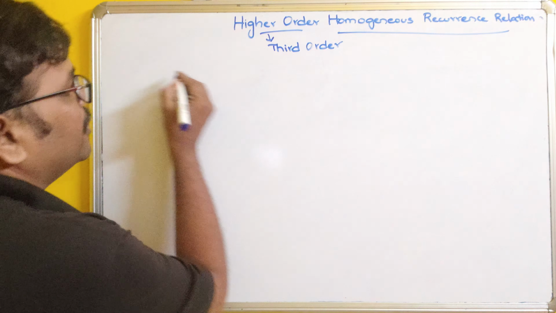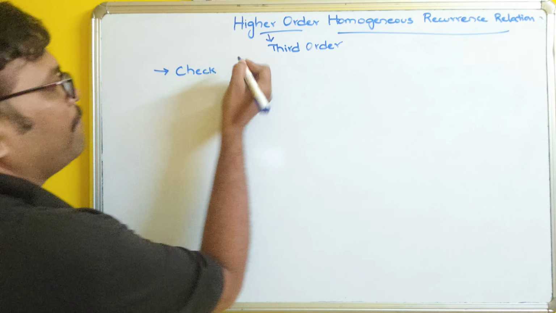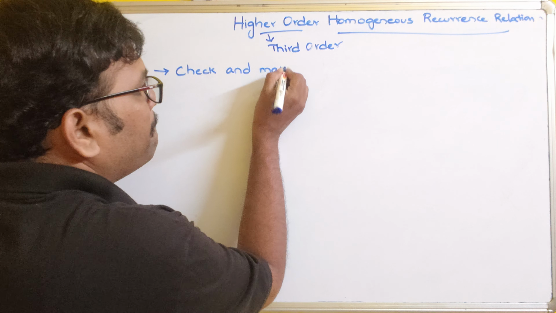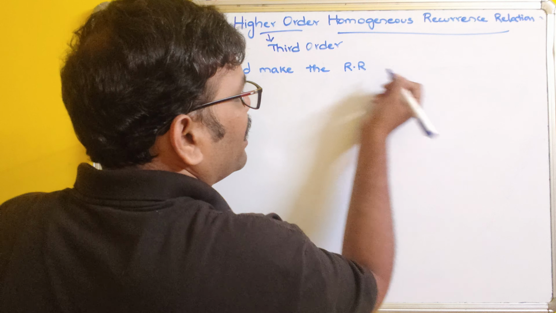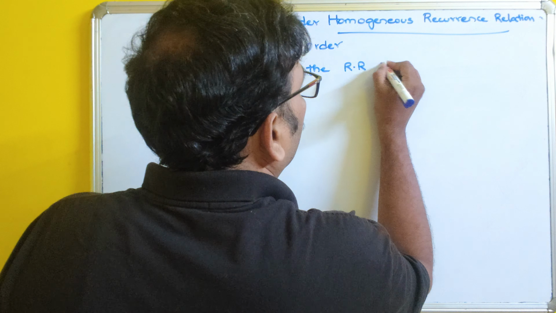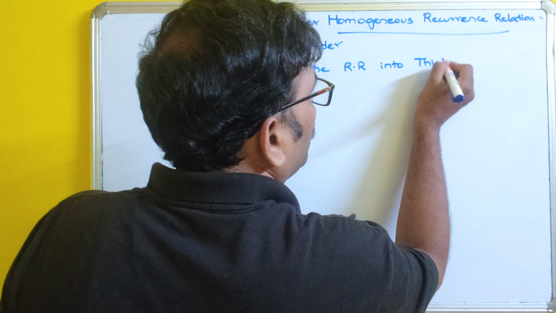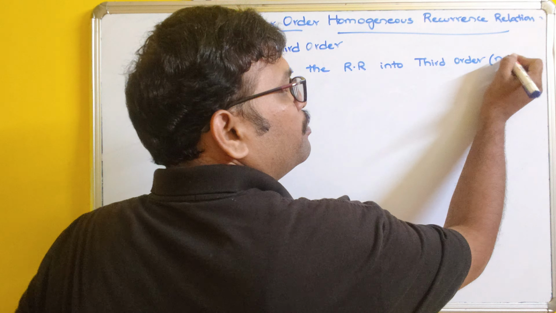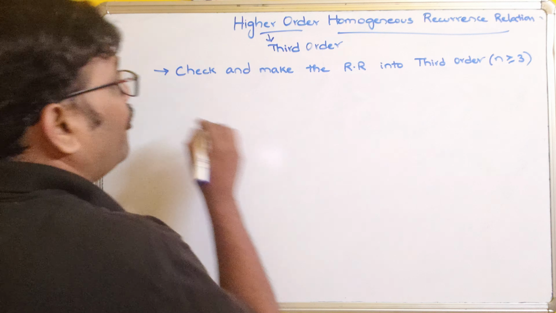Now the first step: check and make the recurrence relation (RR) into third order. That means n should be greater than or equal to 3.